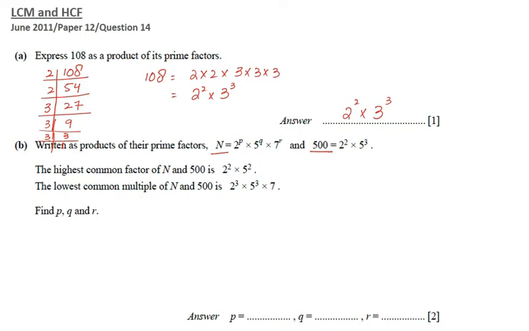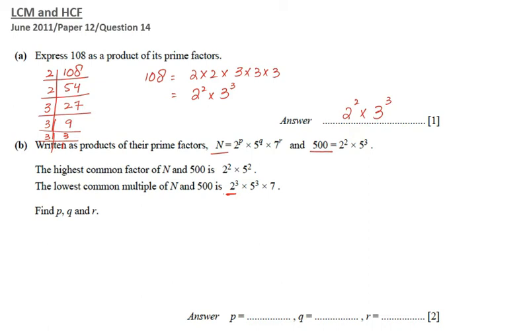So first of all, let us check the highest common factor. 2 is having a square, so it means that with both numbers at least 2 square is common. If 500 is having 2 square, then n is also having at least 2 square. But if we check LCM, in LCM we are having 2 cube. So it means that one of the numbers must be having 2 cube. The common power we have taken from both numbers is 2 square.